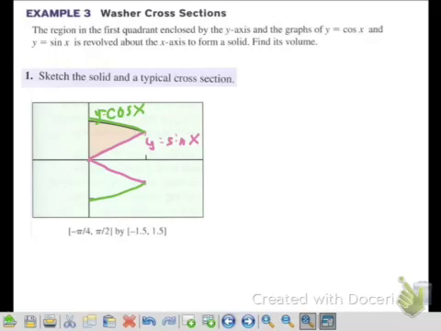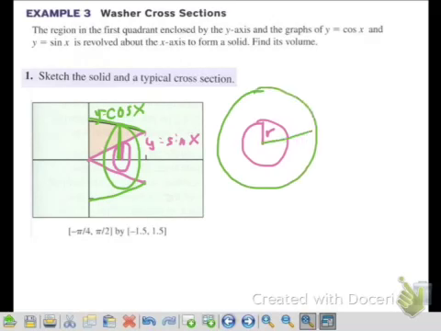We want a typical cross-section, so we're going to think about the radius that we're forming, first of all, the inside one is going to look like that. And so for that cross section, we'll use a small r. And then the bigger one coming up beside that is going to create a larger ring.